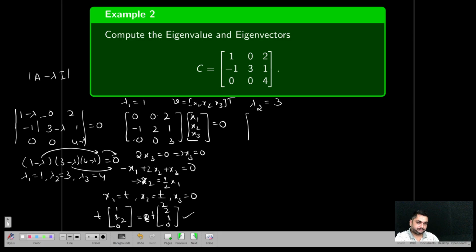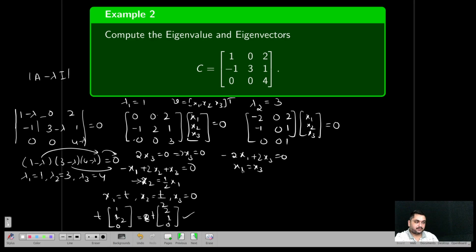So this will be 0, 1 minus 2 is minus 2, then you have 0, 2, minus 1, 0, 1, 0, 0, 1 into x1, x2, x3 is equal to 0. So we'll get minus 2x1 plus 2x3 equal to 0. That means x1 equal to x3.